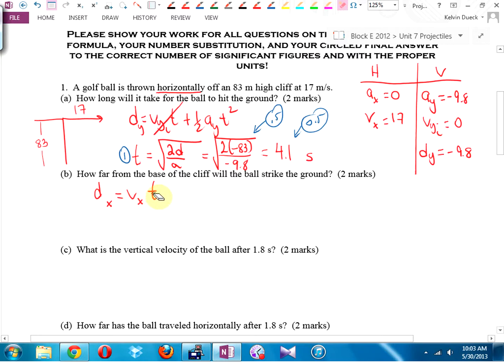How would you get t by itself? Divide by v, no square roots. Then you use the other equation to find dy, the height. There's also going to be one question where I give you the time and say find both distances. If you have the time, the question falls apart. Most of the effort we spend on projectiles is finding the time.